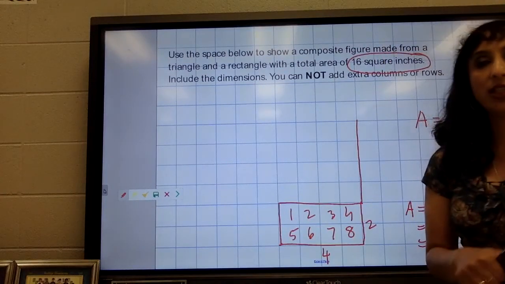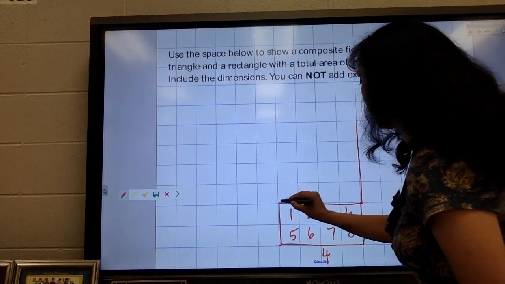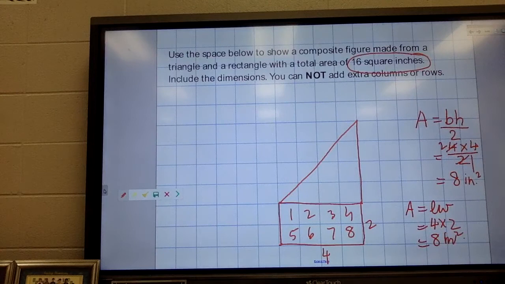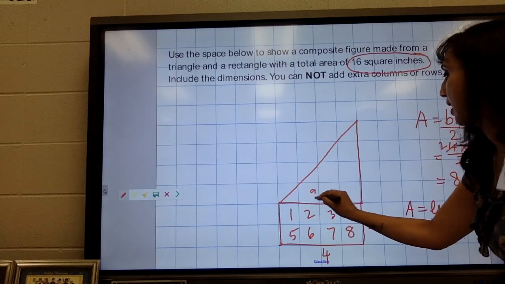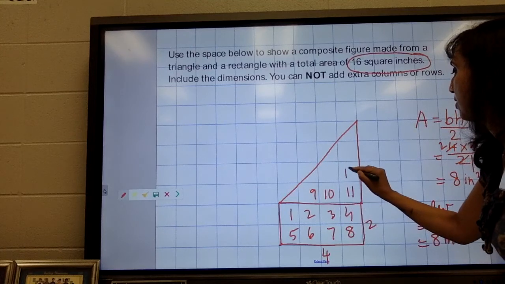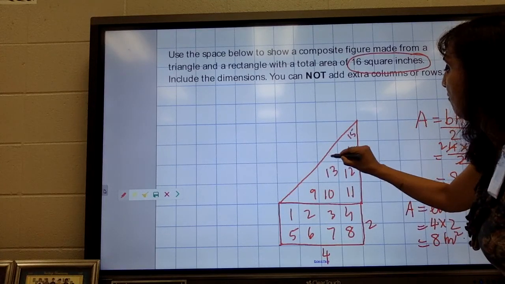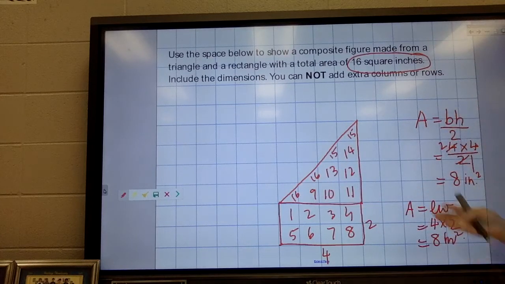Remember, we said that a triangle is half a quadrilateral. So then we are just going to do this. Okay, and if I count this, I have 8, 9, 10, 11, 12, 13, 14, 15 and 15, these two, and these two will give me 16.